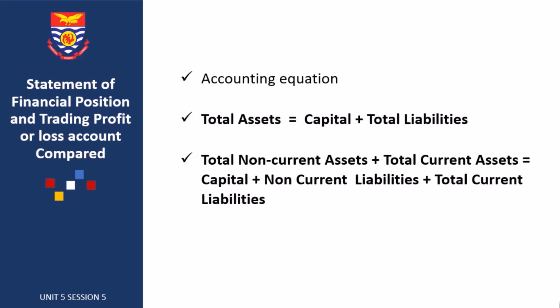Remember that the accounting equation, as we determined previously, is that the total assets should equal the sum of the capital and the liabilities. Or we can also restate it as the total non-current assets plus the total current assets, which is the total assets, should equal the capital plus the non-current liabilities and the total current liabilities.